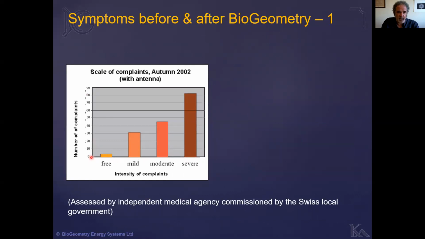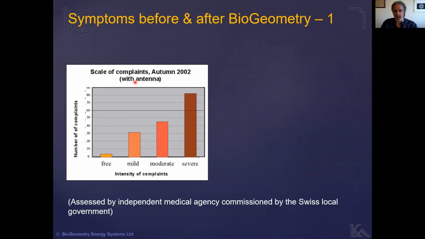And as you can see here, the number of complaints were up to 90. That means that's the number of people who are having problems in this situation. And as you can see, very few of them, probably about 2 or 3 here, could actually say they were free from symptoms. This was before the intervention of Dr. Karim, but with the antenna.